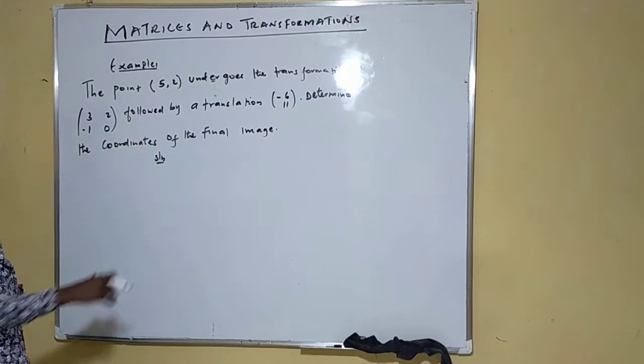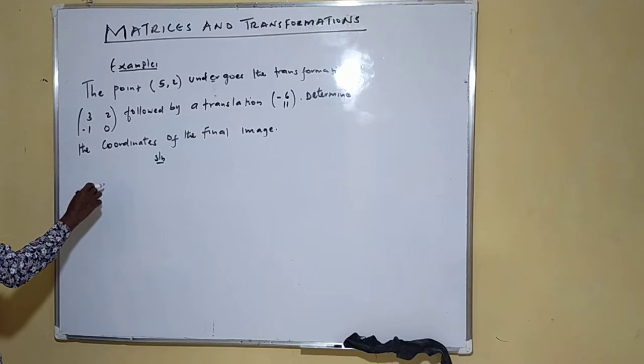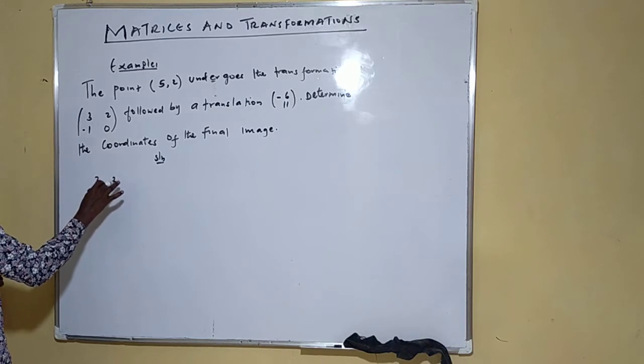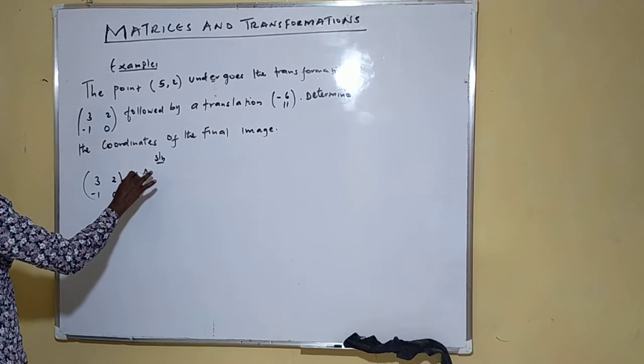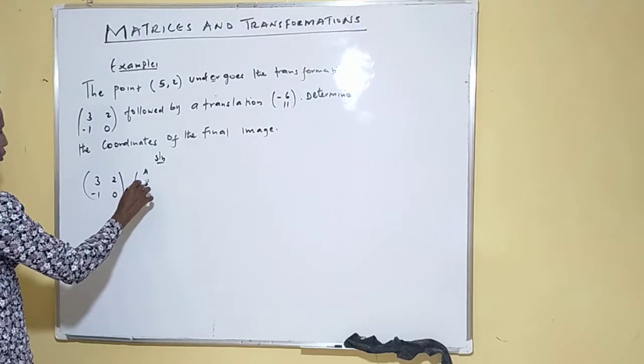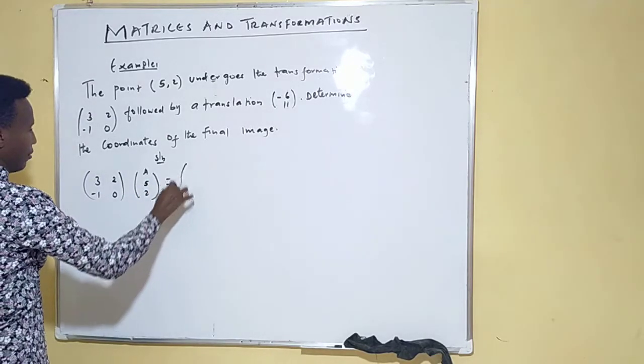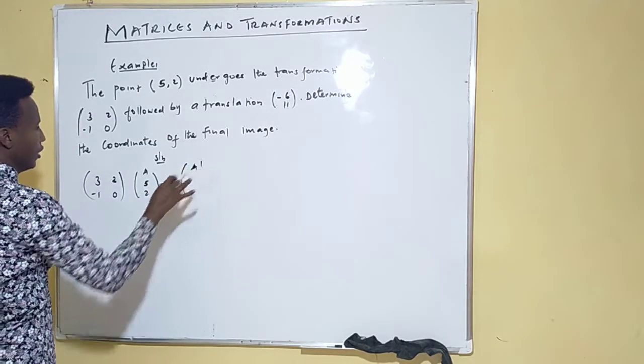Let's say solution here. We're going to say this is our matrix, which is (3, 1; -1, 2, 0), then we multiply by the object point. Let's assume that this is object point A, which is (5, 2). So let's get A prime, the first image.